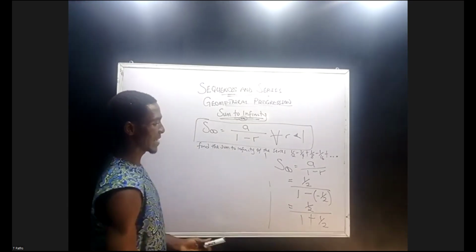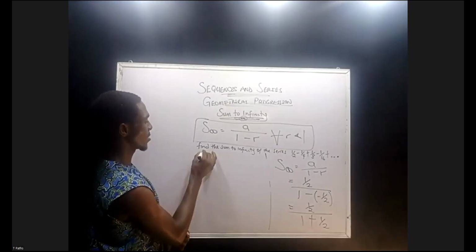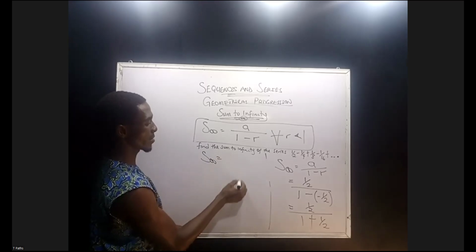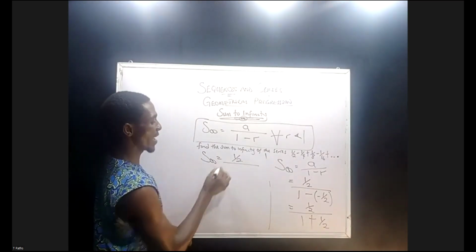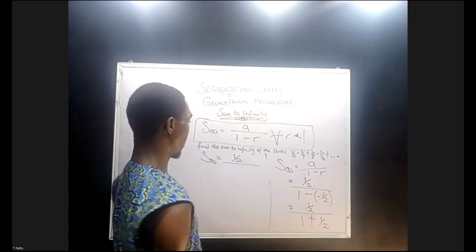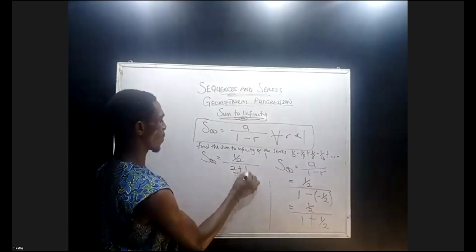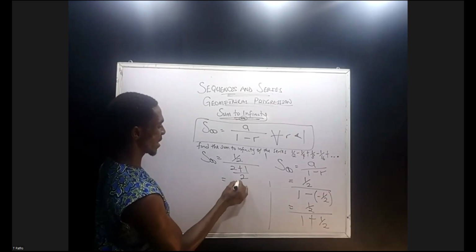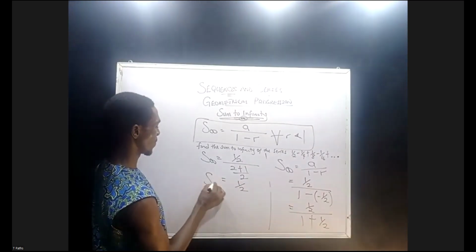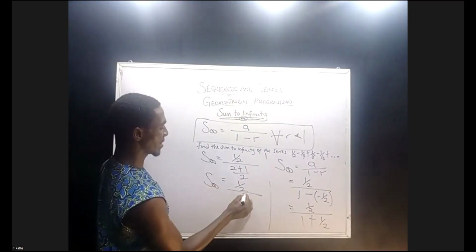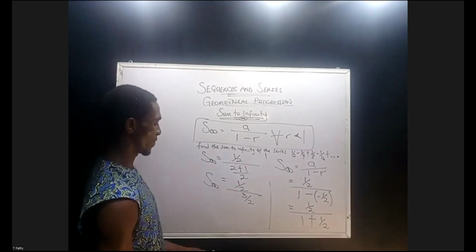Now, at this part here, I have sum to infinity equals 1 over 2 divided by, let's add the denominator. The LCM there is 2. That is 2 plus 1. So sum to infinity ends up having 1 over 2 divided by 3 over 2.